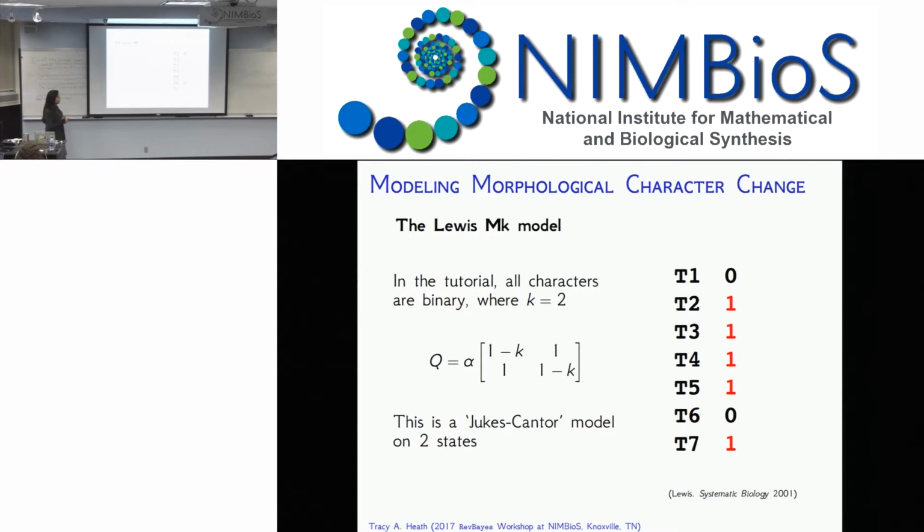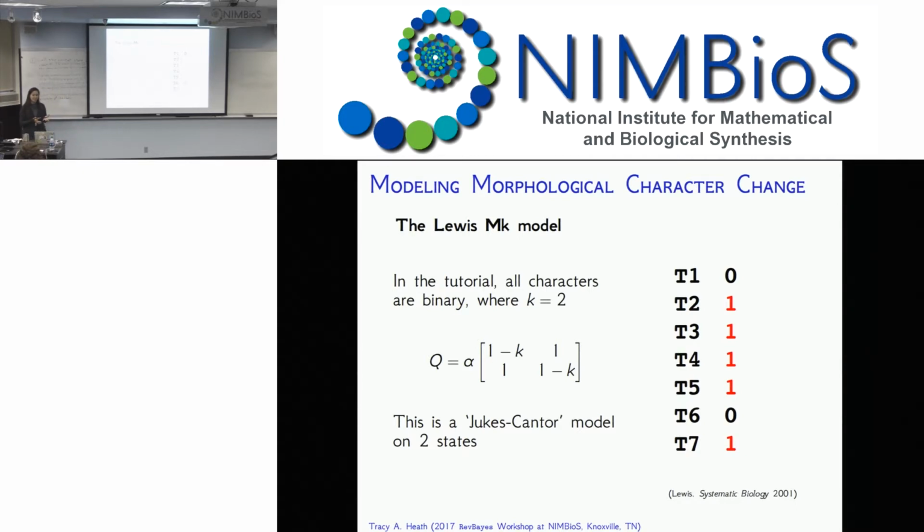So if we use the same matrix on those two characters, what does it mean to say you have a rate of 0.25 of going from not having the scute to having the scute, and a rate of 0.25 of having a square egg versus a round egg?